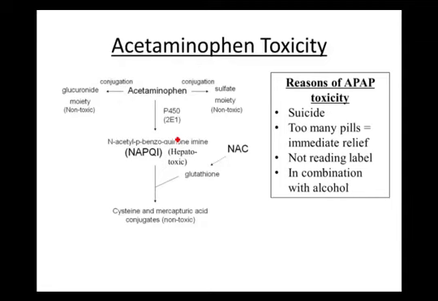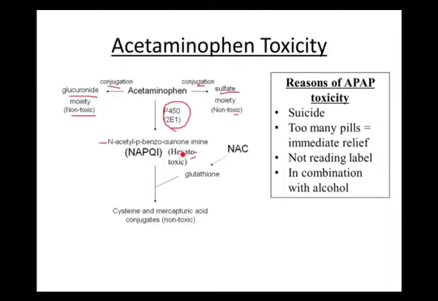Under normal conditions, acetaminophen becomes conjugated into a sulfate moiety that is non-toxic, and a glucuronide moiety, which is non-toxic. Both of these are through conjugation reactions. But there is one metabolic pathway that's CYP2E1 specific that converts acetaminophen into NAPQI, which is the chemical formula shown here, and that is hepatotoxic.